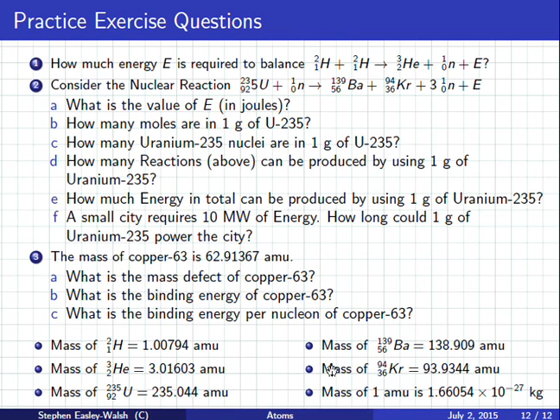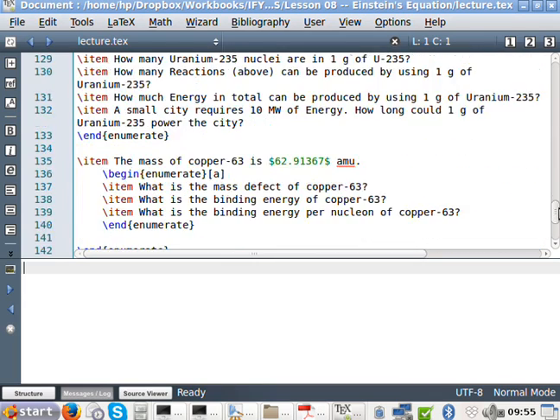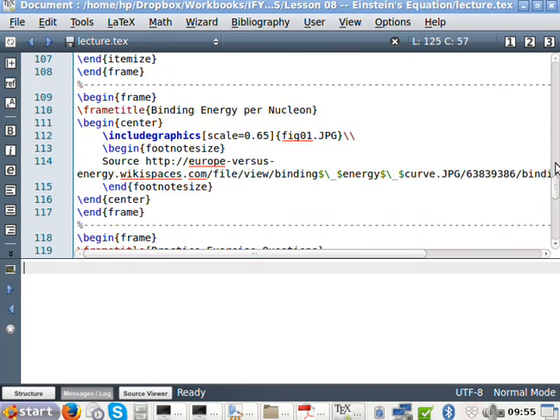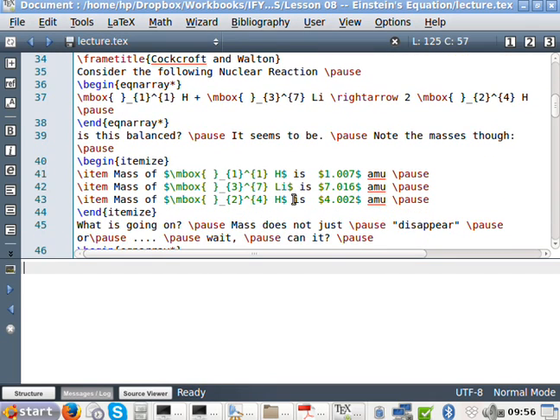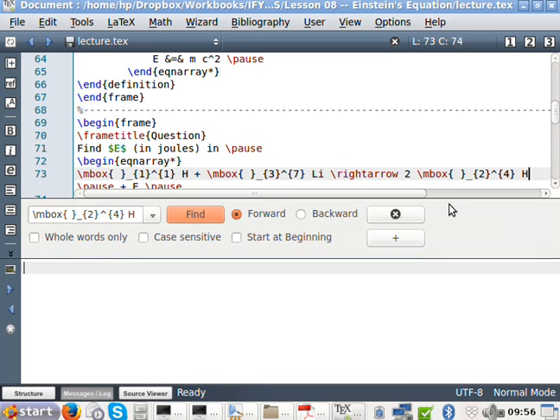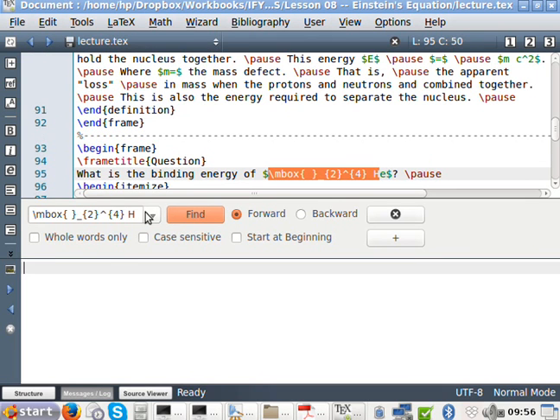So it should be 235. So let me just fix that now before you do it. 2, 3, there's the problem right there. And then, what was the other problem? Like hydrogen, this should be helium. This should be helium. This should be helium, and it is.